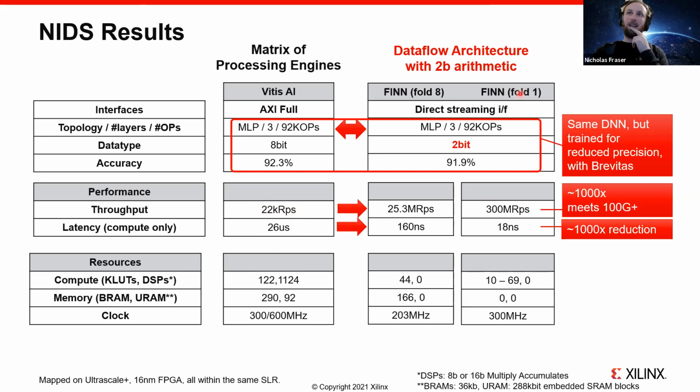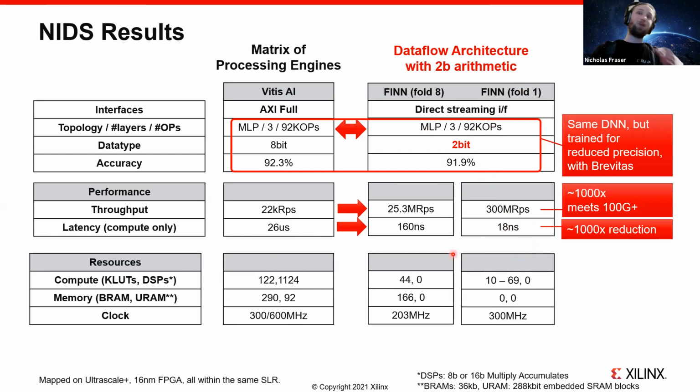Compare this with FINN, and let's look at the one on the right. We've gone down to 2 bits, custom precision, same network. We lose a little bit of accuracy. I'm going to call this negligible and skip over the discussion. But by implementing a folding factor of 1 and a 300 megahertz clock, we can do 300 million inferences per second at 18 nanoseconds of latency.